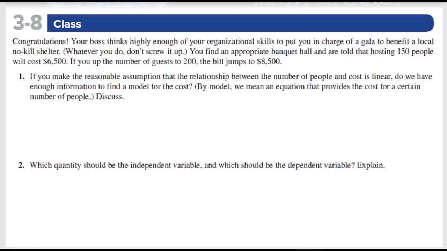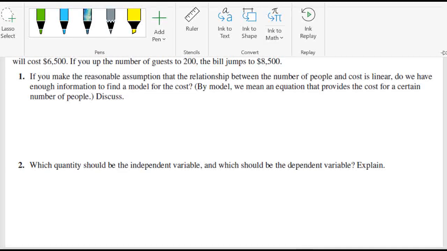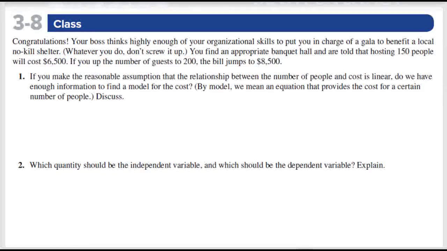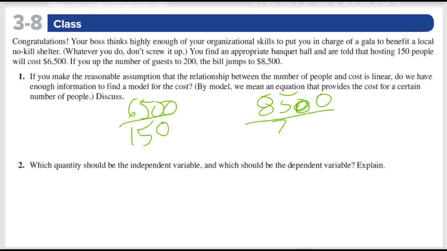6,500 and I'm going to have to do the other part on my calculator.